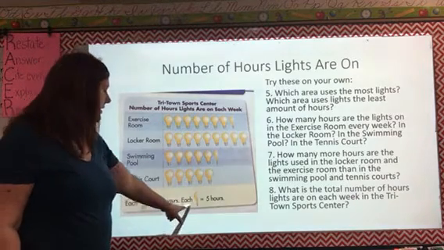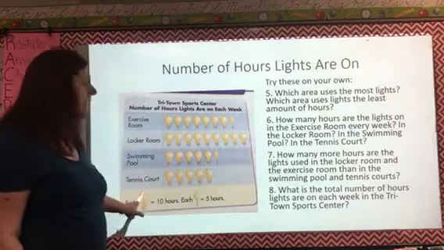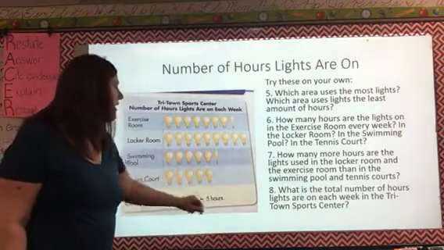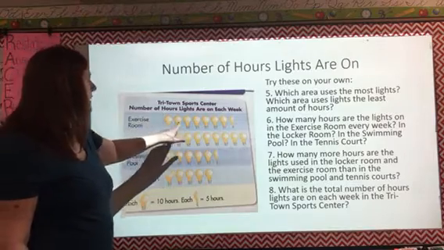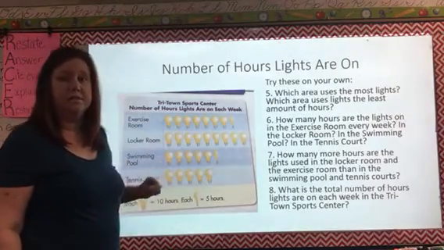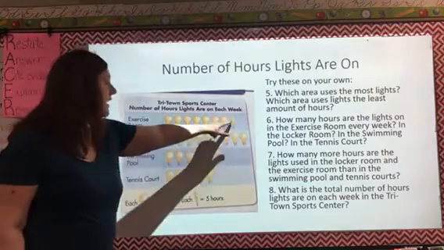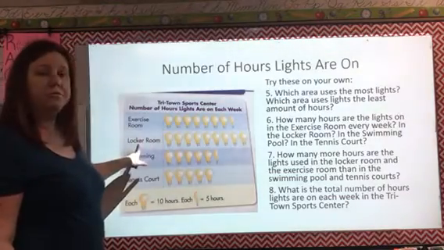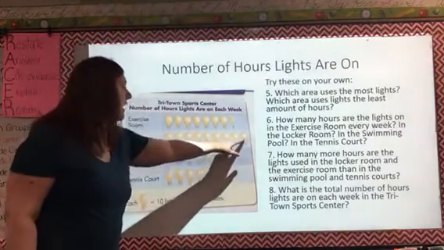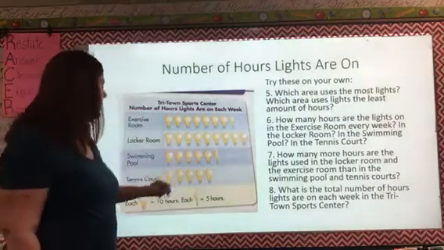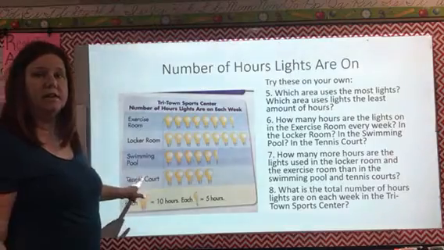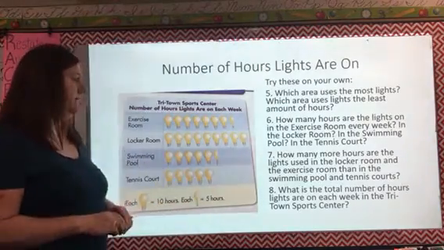By tens. A half of a light bulb would be half of that. So 5 hours, okay? So the exercise room, it had the lights on for that number of hours. You have to count by tens and a 5. The locker room had the lights on for that many hours. The swimming pool had the lights on for that many hours. The tennis court had the lights on for that many hours, okay?